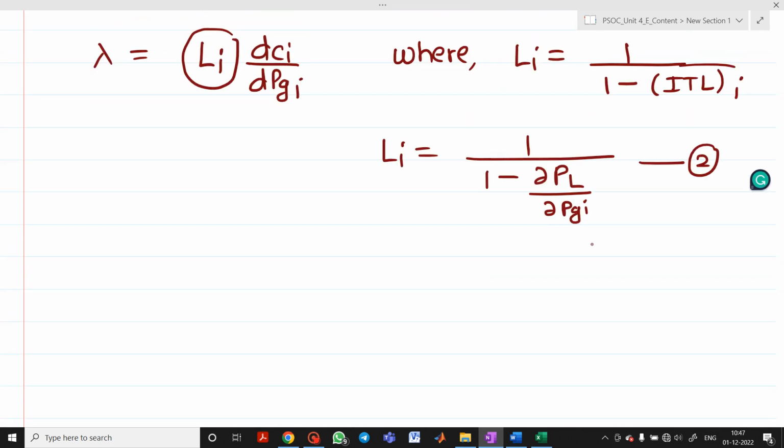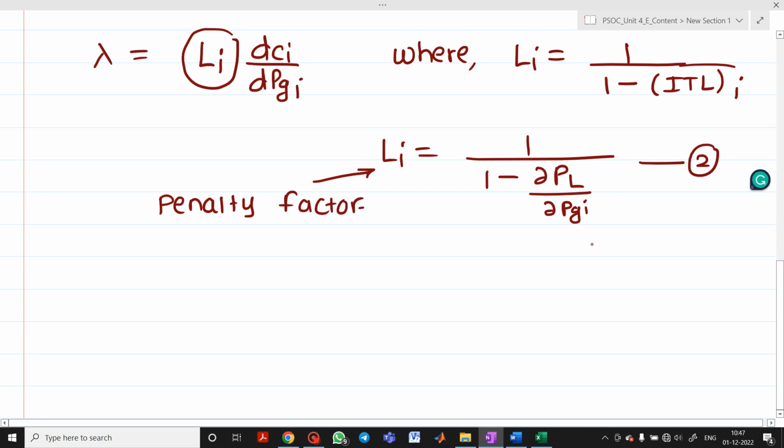Now this term Li we have written is called the penalty factor. Why is it a penalty factor? Because if this term is not there, then we will have the equation lambda equal to dCi upon dPgi. This was the coordination equation when power losses were neglected.